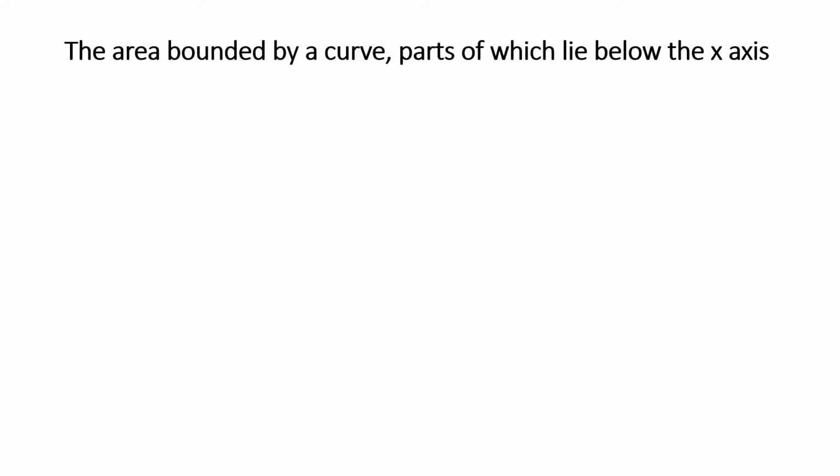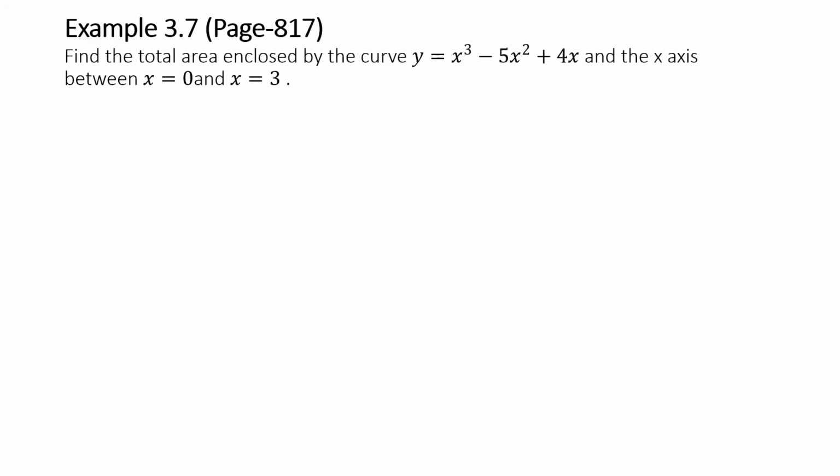The area bounded by a curve, parts of which lie below. Okay, so this curve will be crossing x like this.